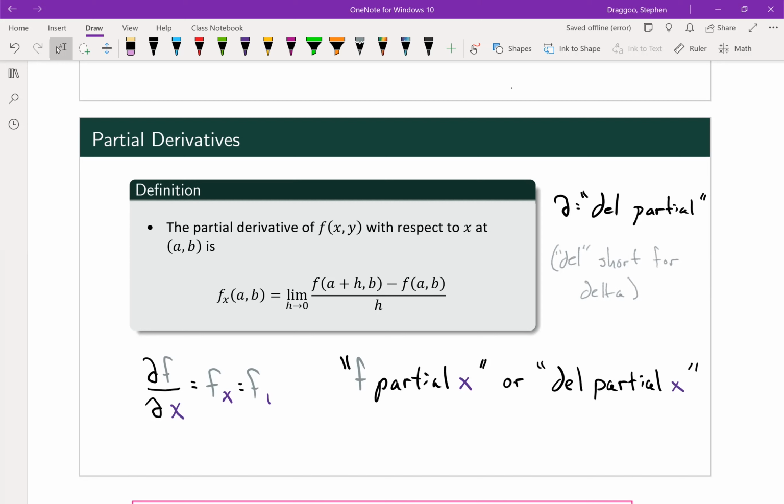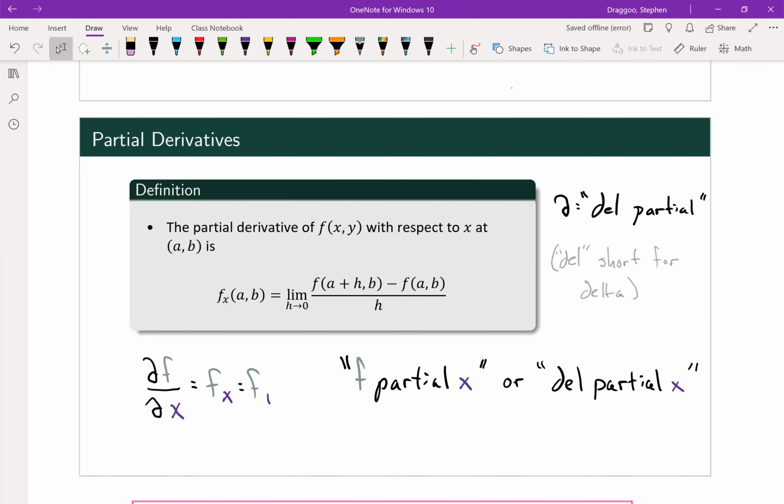Conversely, if we were going to be taking the partial derivative with respect to y, we'd only be adding h to the y term, which means we're only going to be focusing on one variable at a time when we're taking these partial derivatives, so either x or y. But we don't want to consider both as variables at the same time when doing partial derivatives. And also, we could extend this to x, y, and z, as we probably will. But for starters, we'll just look at 2 dimensions.